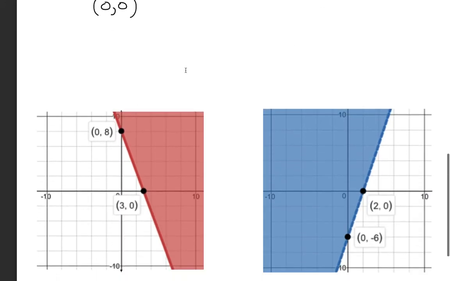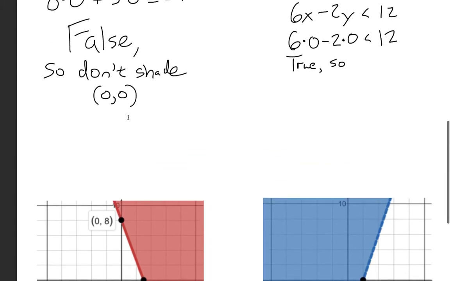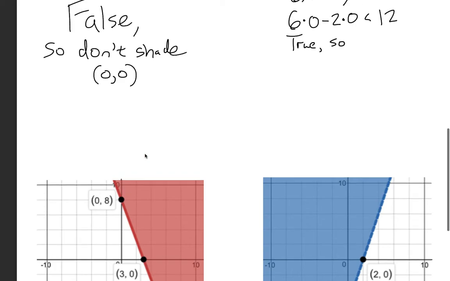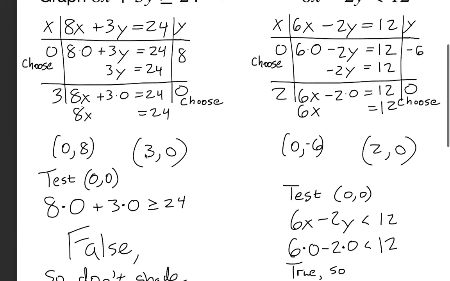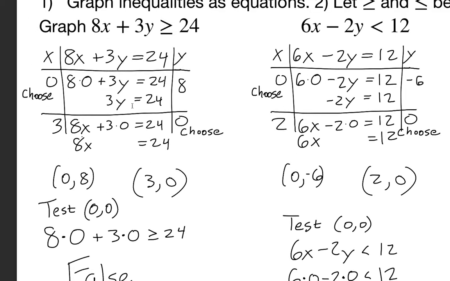And if it's on the boundary, because I know it's solid, I'm indicating that it's also a solution. Like (0, 8) is on the boundary line between what works and what doesn't, what's a solution and what is not. And then it also works itself. The boundary line works as well in the original inequality, because 24 would be greater than or equal to 24.